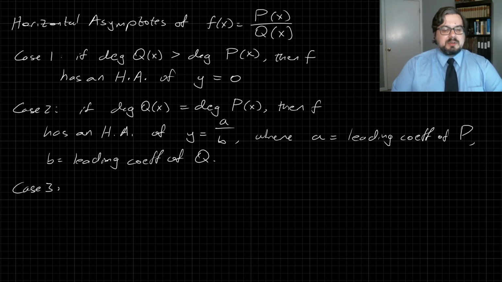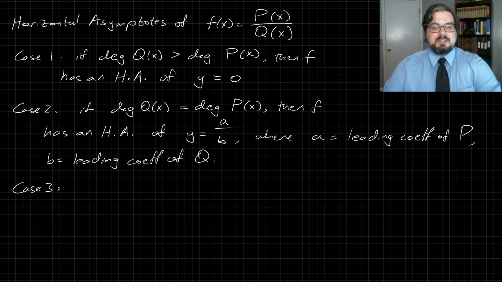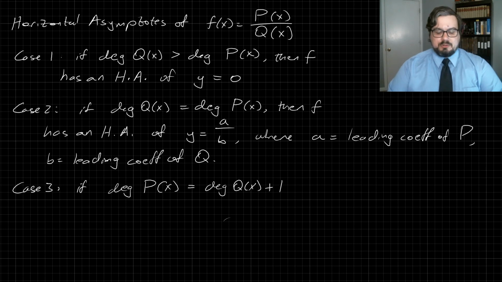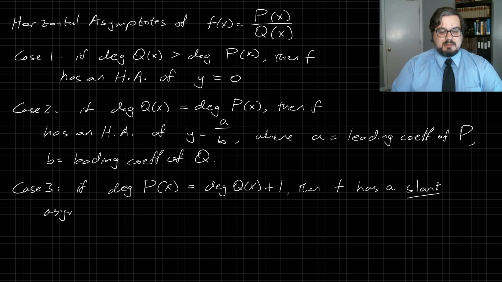Now, the other cases where the degree of the numerator is higher than the degree of the denominator, we're going to break up into two. So the first is if the degree of p of x is exactly equal to the degree of q of x plus 1. So if the degree of the numerator is exactly 1 more than the degree of the denominator, then f has a slant asymptote, or oblique asymptote.